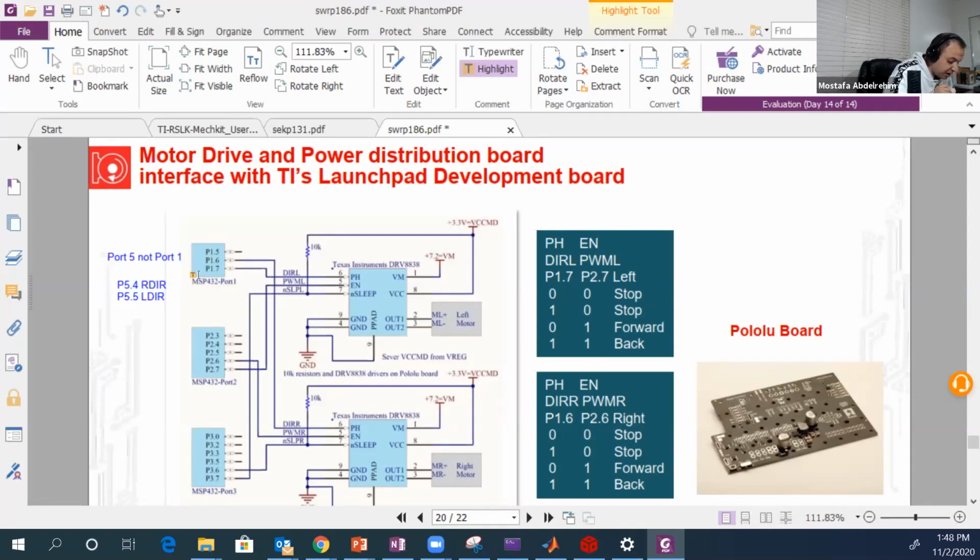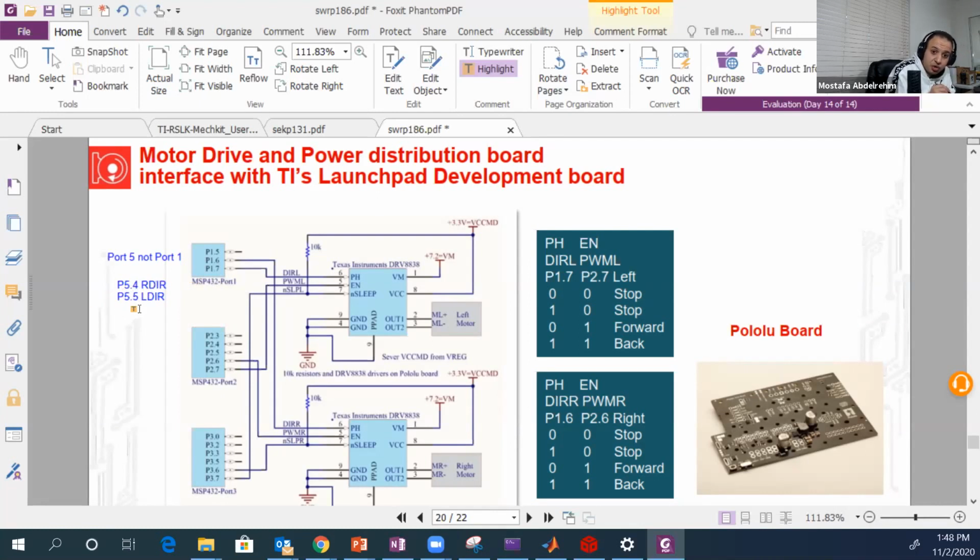For the kit that was before, it was port 1, but now it's port 5. So pin 5.4 in the microcontroller and pin 5.5 both will control the direction of the motor, either forward or backward. Pin 5.4 will control the right motor direction.